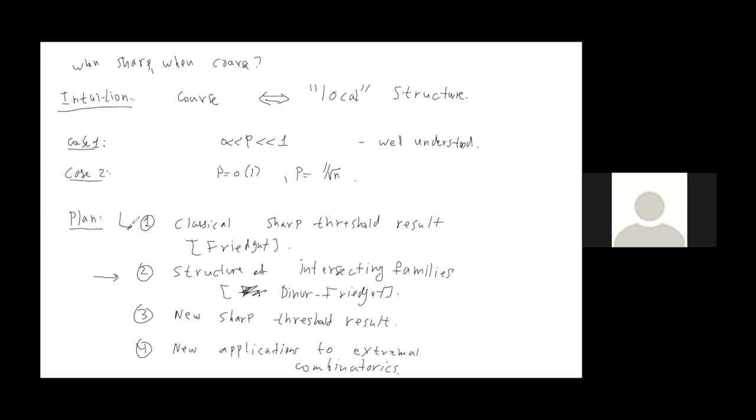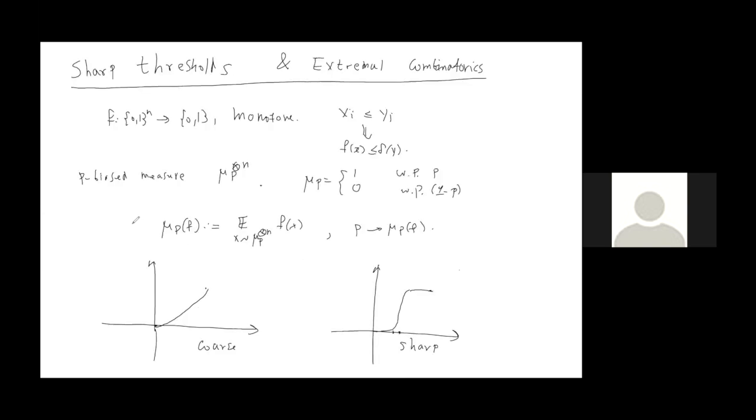So let's go back to the previous slide. How do we distinguish between these two? The most obvious thing to do is to look at the rate of increase, which is just the derivative. So we want to look at the derivative of the average of f according to mu_p with respect to p.